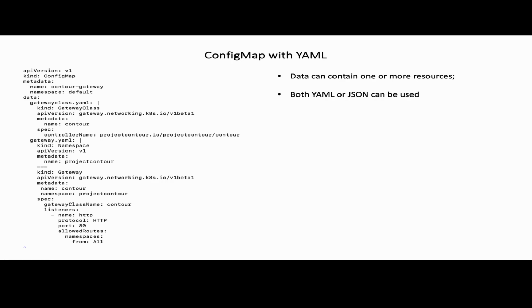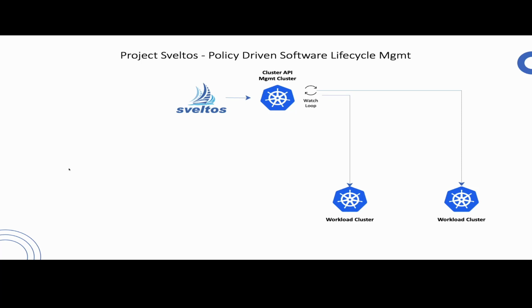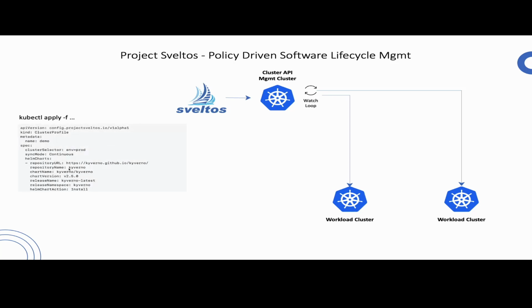Here I have a slide where I'm summarizing with some animation how Sveltos works. So we start by posting a ClusterProfile, and we're telling Sveltos to find all the clusters which match the cluster selector environment: prod, and deploy Kyverno version 2.5.0 in all such clusters. So if we add the label environment: production to the first workload cluster, Sveltos is going to detect that this cluster is a match.